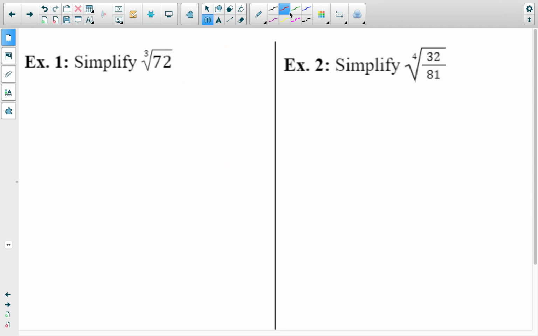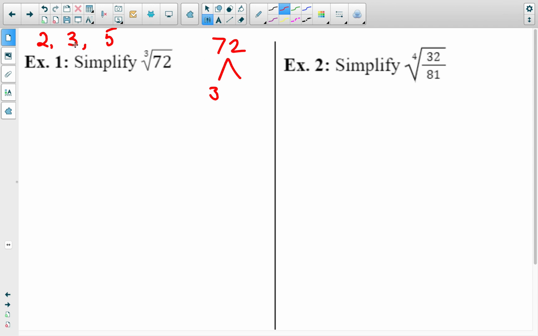All right, I'm going to show you the way that I like to think about this because it works no matter what. Okay, 72. All right, let's break down 72 into its prime factorization tree. So we want to try to divide it by 2. If 2 doesn't work, we want to try to divide it by 3 or 5. All right, 72 we can divide by, let's divide by 3.